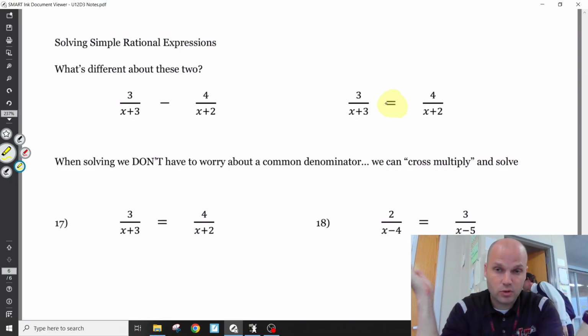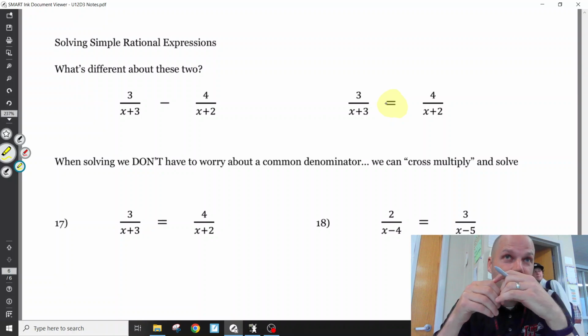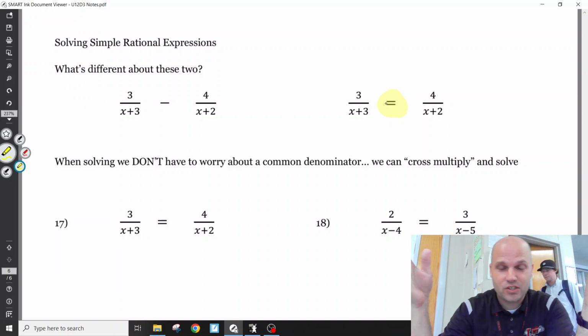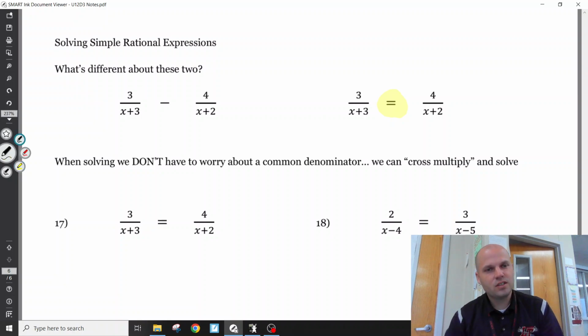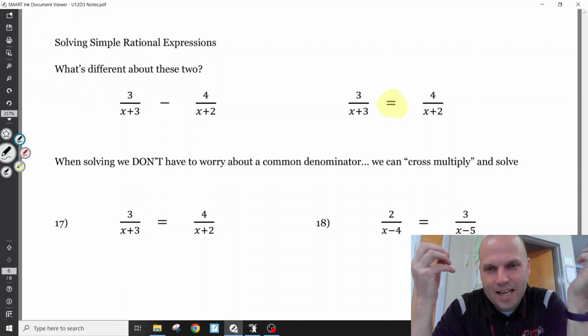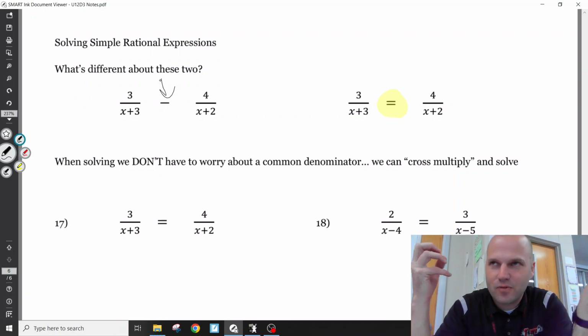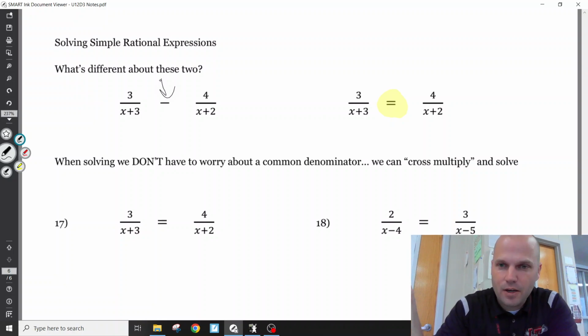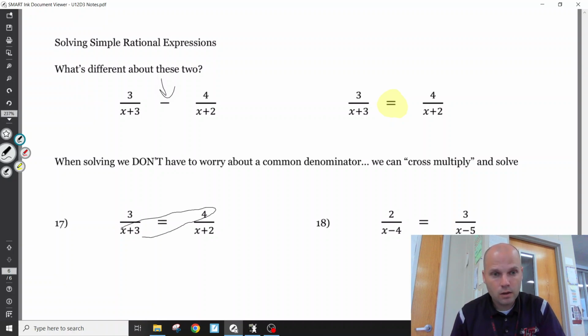Now, since we're only giving you simple ones, we don't have to worry about some of the stuff you might do in a more advanced class, a pre-calculus class. What we realize with equals is it's not something we have to worry about as much as subtracting or adding. I don't have to create a common denominator. I'm sure you guys are familiar with our friend, Mr. Butterfly.